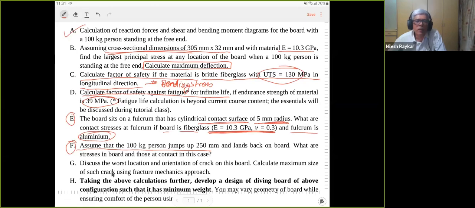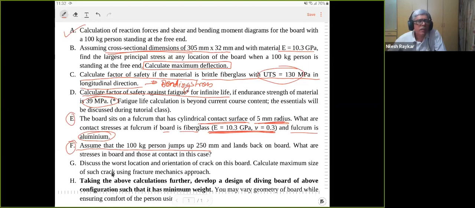You have to assume the board as a spring of certain stiffness K. When the spring gets deflected by an amount x, the energy stored is half Kx squared. You have to match that with whatever energy you are supplying. How to find the K for the board is the key for solving this particular case.